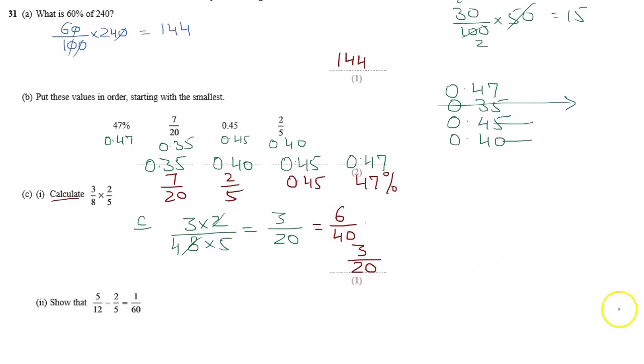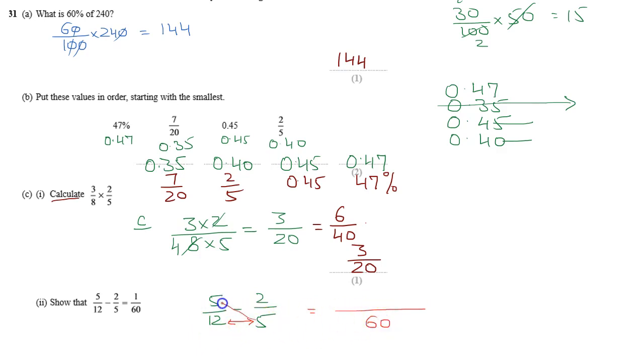Now show that, this is the second part. 5 over 12 minus 2 over 5. Whenever you have this kind of question and you have any problem, just do 3 types of multiplication. First, multiply the denominator directly. 12 times 5 is 60.